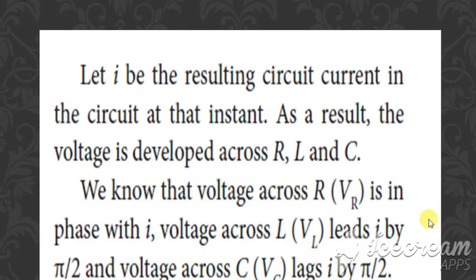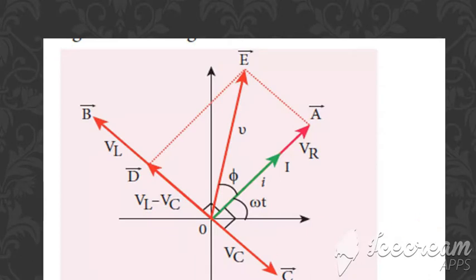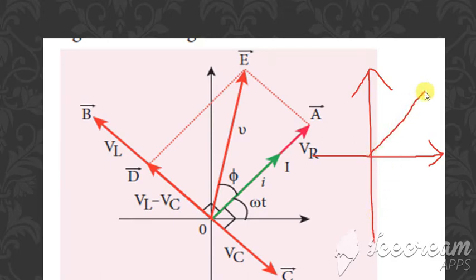Okay, and when you are drawing this as a diagram, generally take the x and y axis. Along this x and y axis, let us consider that this is VR, where VR is the voltage across the resistance. We know that VC lags behind the voltage.